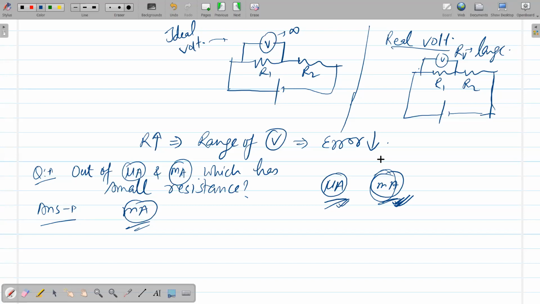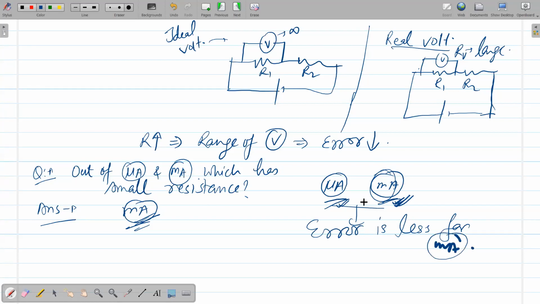Think about the ideal ammeter. An ideal ammeter actually has zero resistance. So smaller is the resistance, greater will be the accuracy. That means greater is the range, greater will be the accuracy. So the answer will be again milliammeter. Out of these two, error will be less for milliammeter. Got it, everyone?